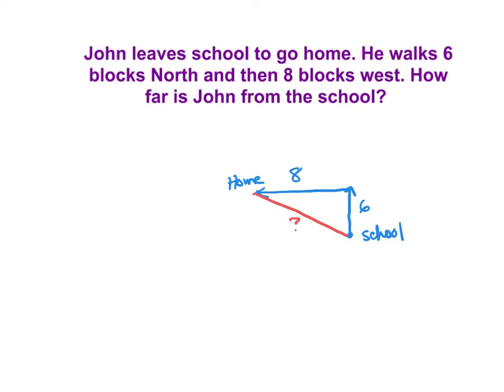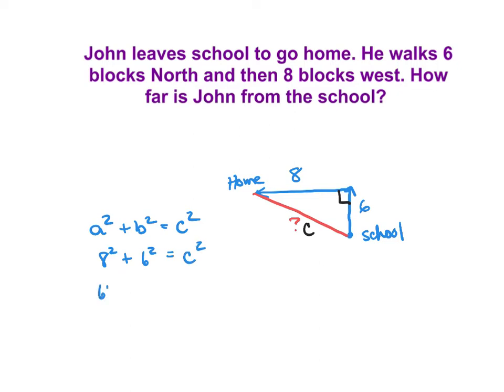Are we finding a hypotenuse or a leg? When we move north and then west, we form a right angle. So we are finding the hypotenuse, C. So again, we have a squared plus b squared equals c squared. 8 squared plus 6 squared is equal to c squared.